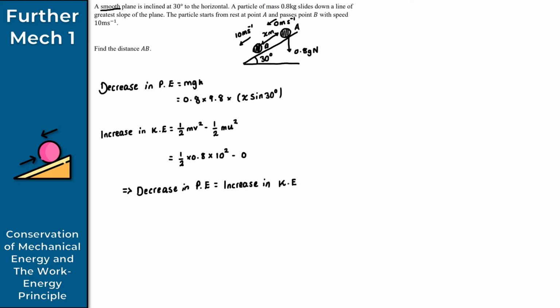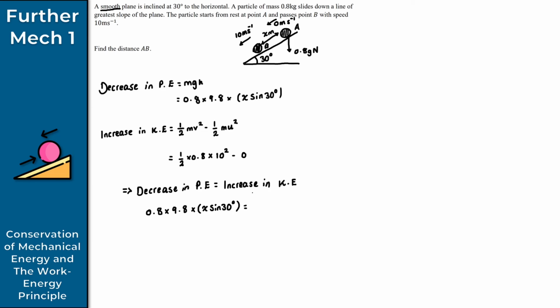Okay, so all I now need to do is equate this, and then just solve for x, right? Because x here is my vertical distance. Sorry, not vertical distance, but the distance between A and B. So equating these two things, what do we get? I get 0.8 times 9.8 times x sine 30, like so.